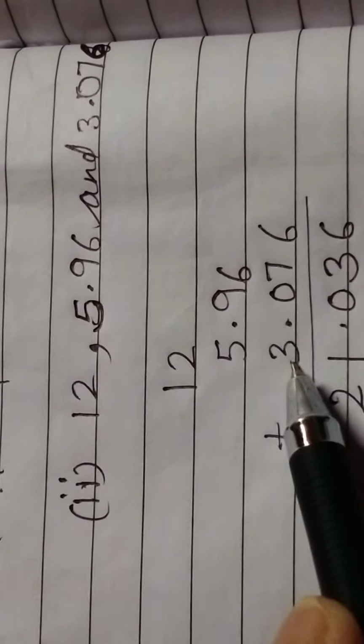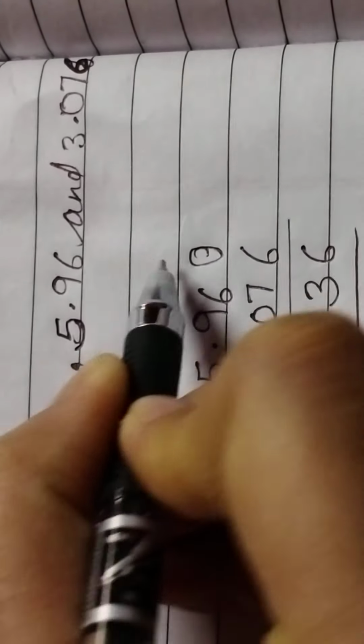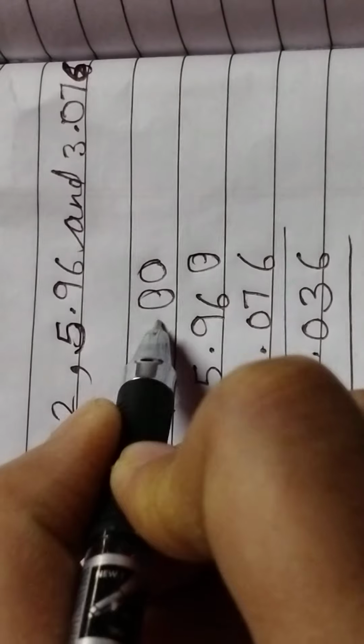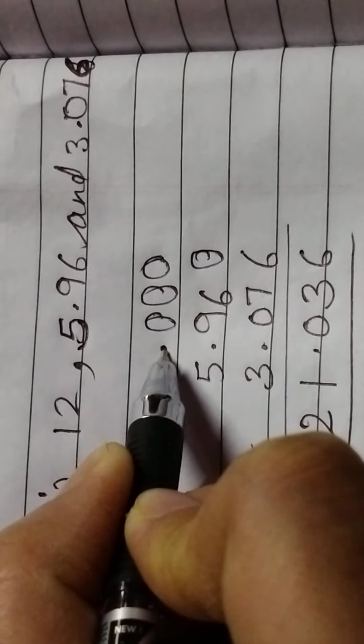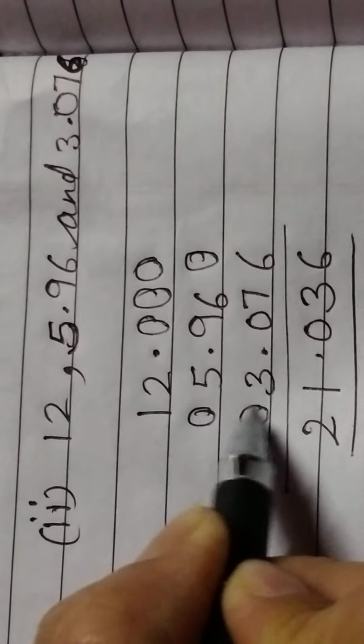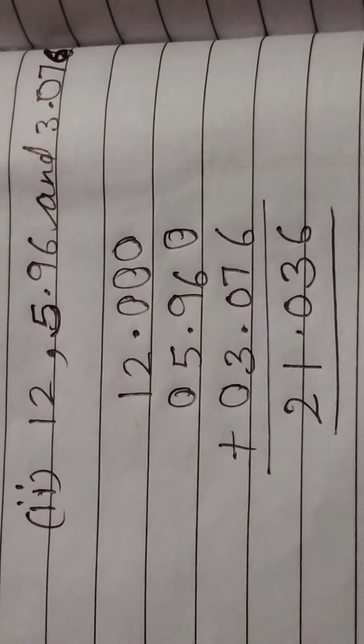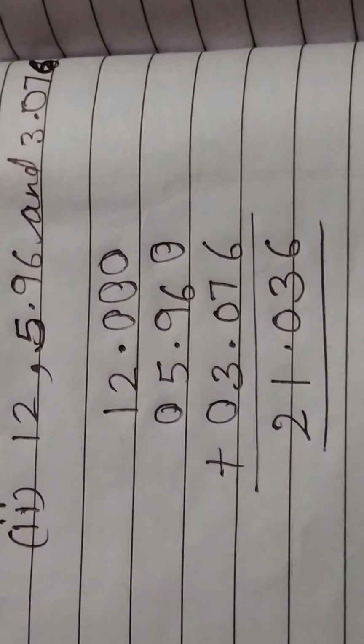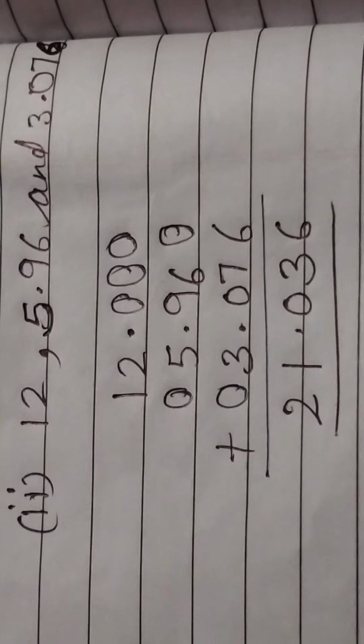In the third line you will write 3.076. Here also you will write like decimals, no digit after 12. We can write 12 as 12.000. Okay, here also we can write like this. After that you will add. After adding you can get the answer. Clear?